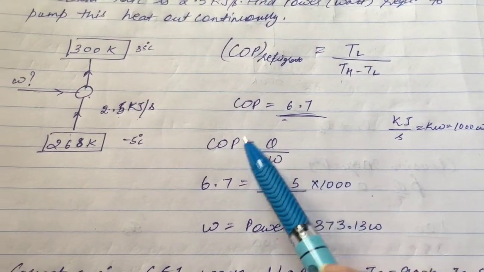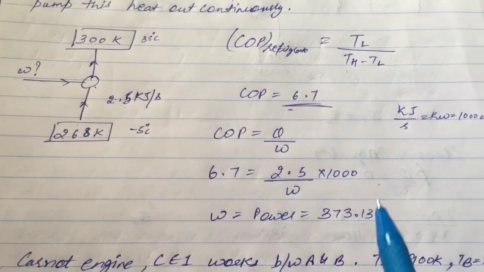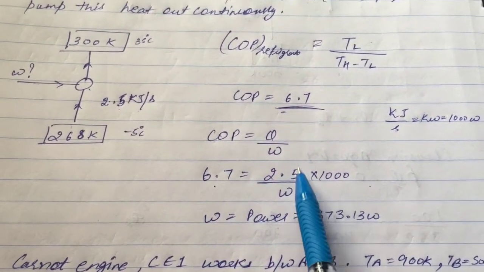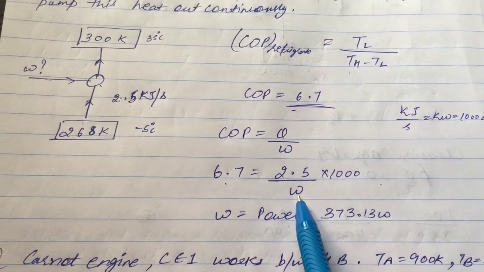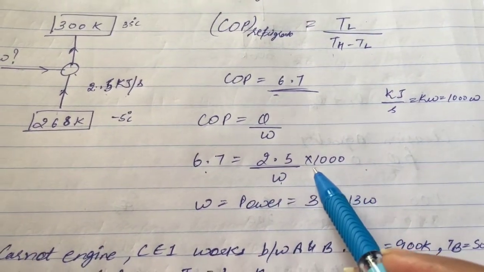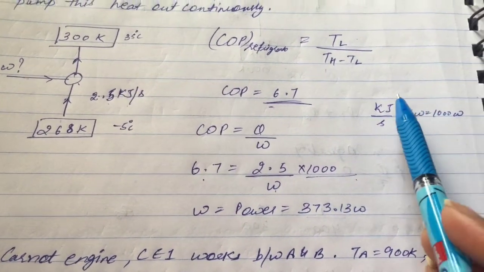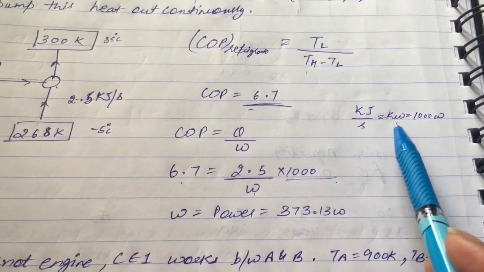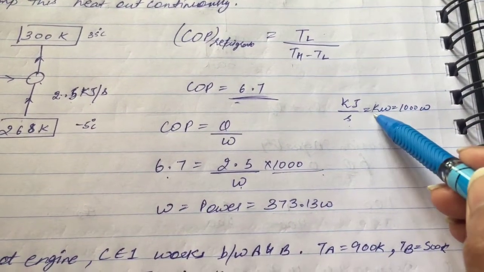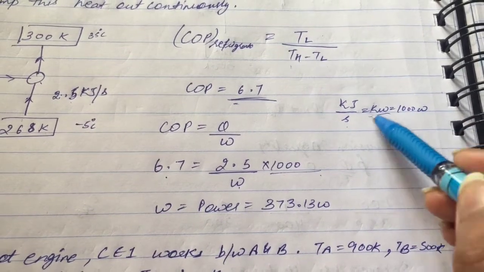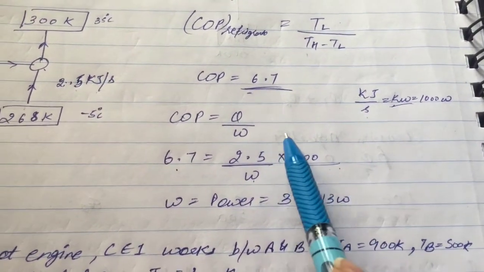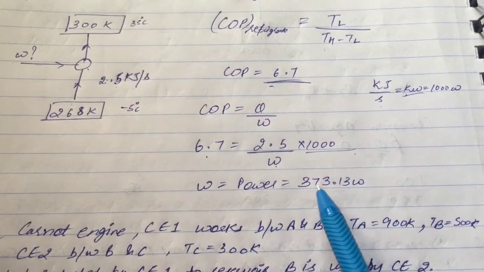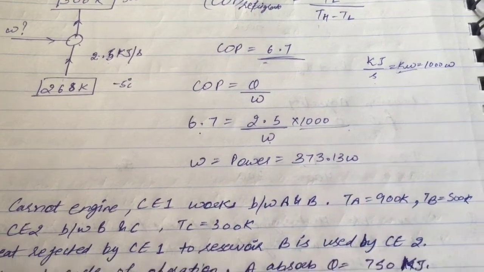And we also know that COP is equal to Q by W. So putting in the values of COP 6.7, Q 2.5, W we have to calculate, and we are multiplying it with 1000 to convert kilojoule per second into kilowatt. Sorry, kilojoule per second is equal to kilowatt, and 1 kilowatt is equal to 1000 watt. So we are multiplying it by 1000. So our work, which is equal to power, comes out to be 373.13 watt.